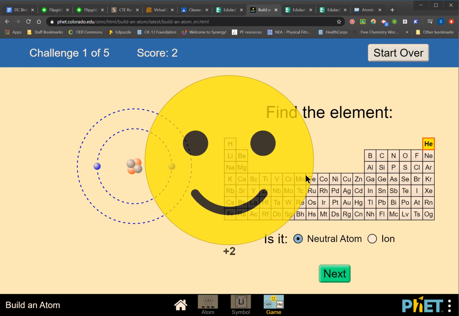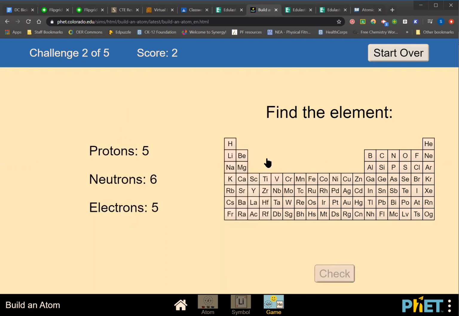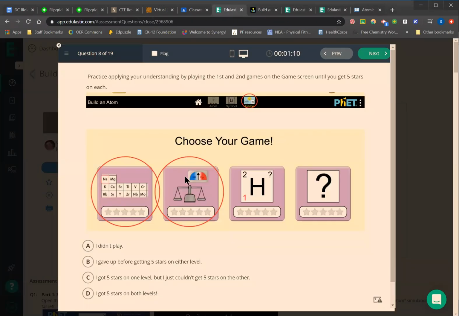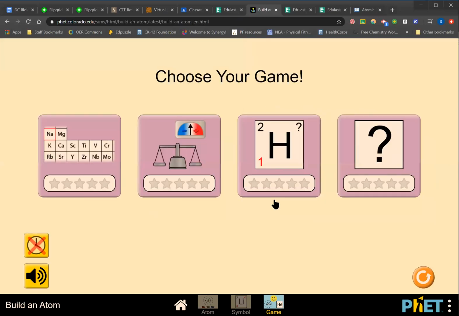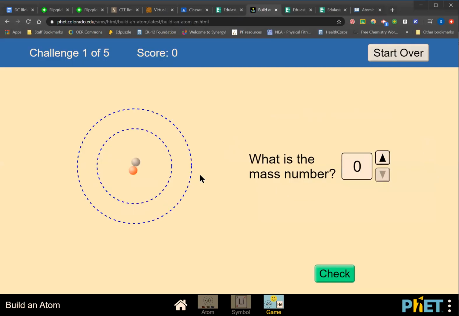So don't be afraid to explore. And it says next. Just kind of spend some time getting to know it a little bit. And then play the other game. So let's go to the other game and I'll show you that one real quick. I'm going to put start over. This one. What is the mass number? So I look at this element over here.